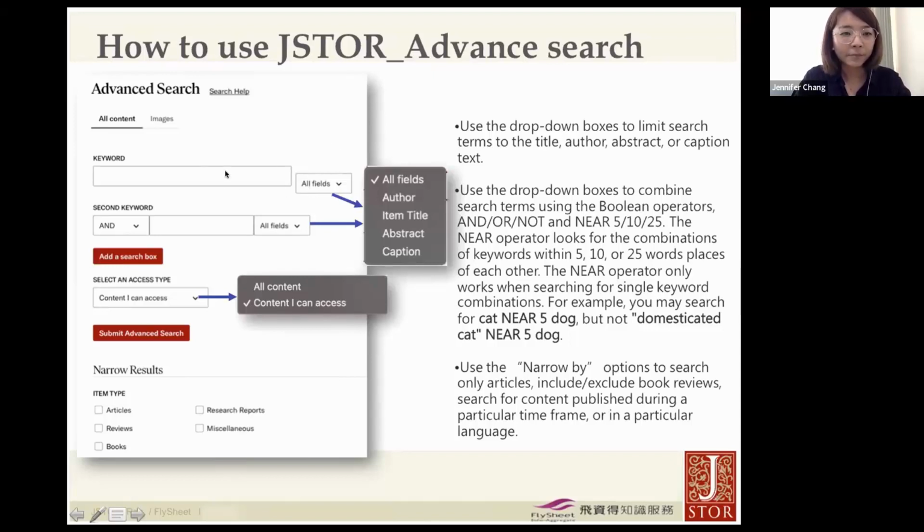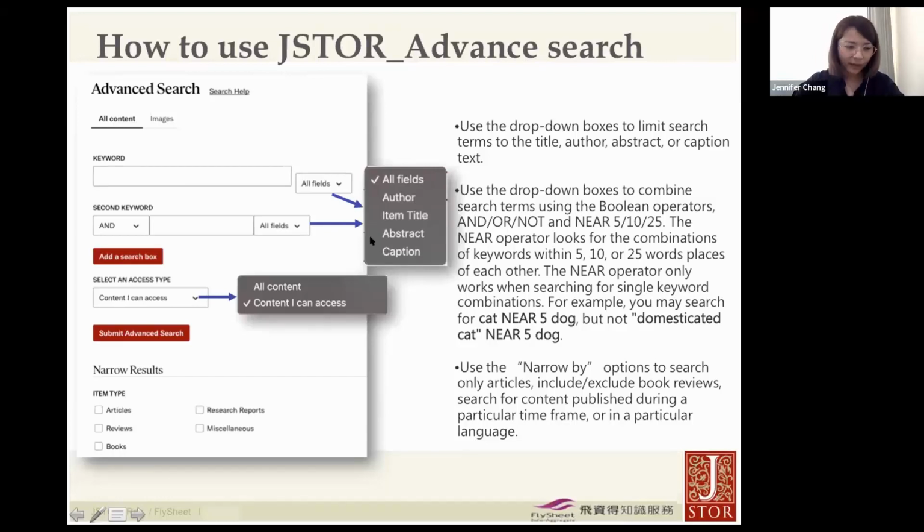You can add more and more blanks if you want in order to get more precise results that you want to see. Otherwise, if you just keep Shakespeare, then you will find more than 50,000 results, which will make you chaos. Okay, so in this drop-down list, we have all fields: author, item title, abstract, and captions.